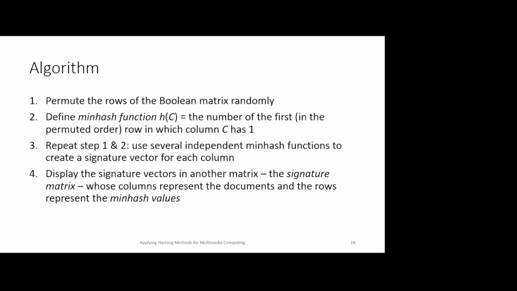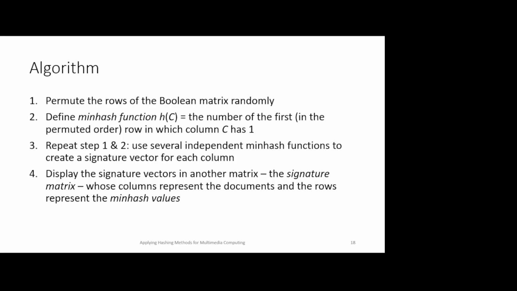This slide shows the algorithm to summarize the above steps. First we compute the rows of the permutation, and here we have mean hash functions. We try to find the first one: after your computation, you check from the first row to see which is the first one that appears. We repeat the first and the second step several times, depending on how many signatures, how many mean hash values we want to generate.